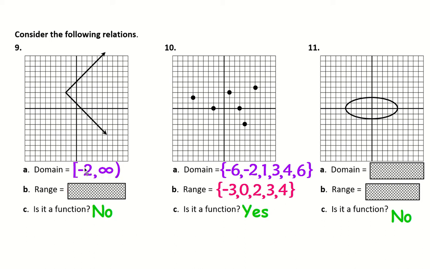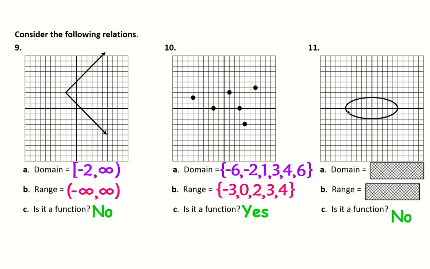So another way to say this answer would be all x coordinates greater than or equal to -2. So there's more than one way to give this answer. And as far as the range goes, there is no absolute lowest point, and there is no absolute highest. It goes down forever and it goes up forever, and there's no restriction at all on the y coordinates.